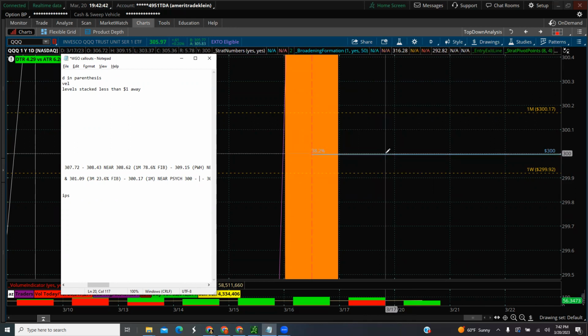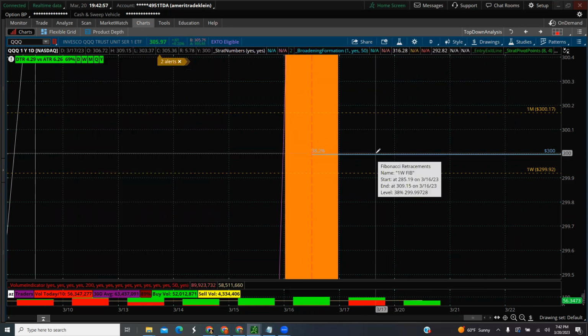Ah, look at that. So we just mentioned here a psych level, 300. And it's interesting that that actually shows up here as one of our weekly levels.